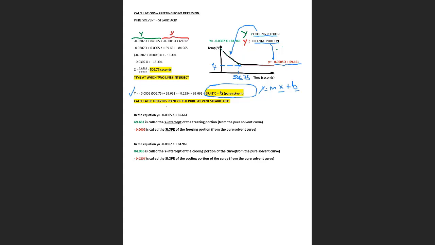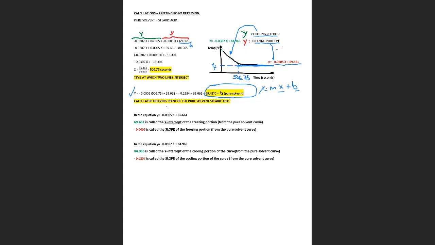So you will have to know, we said that the freezing portion is the one that is this one. So you will take this equation, and the y-intercept is always b. And then they will ask you, what is the slope? The slope is m.